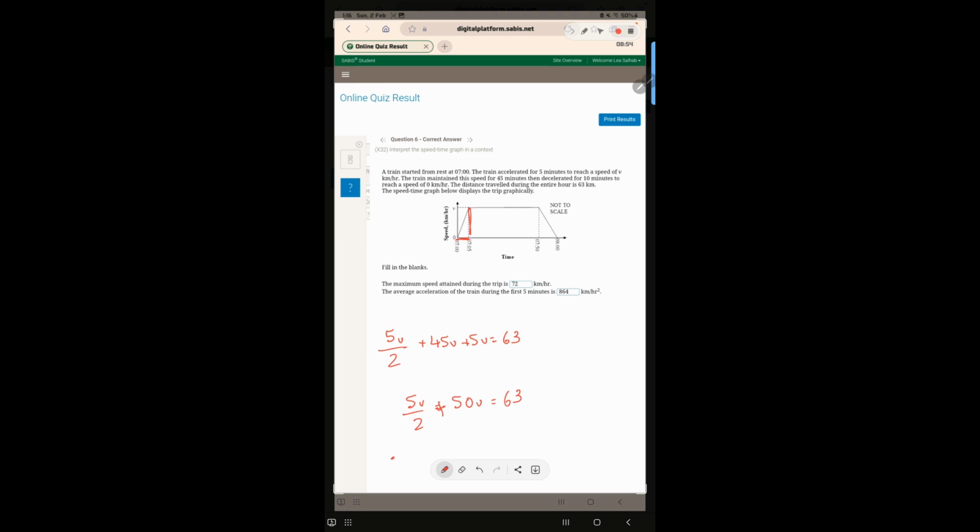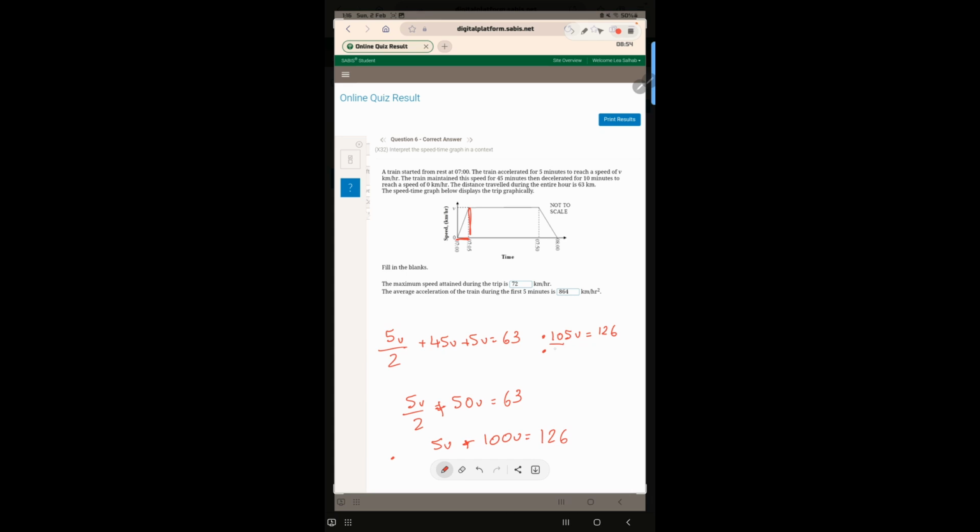You can multiply by 2 everywhere to make it easier for you to solve. So 5v plus 100v. So you get 105v is equal to 126.